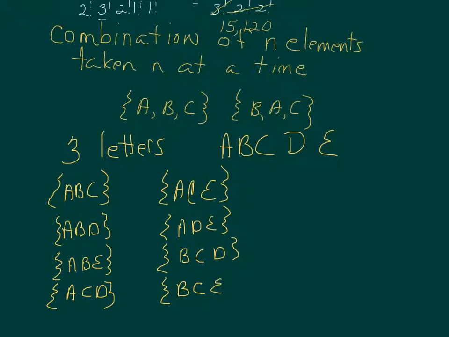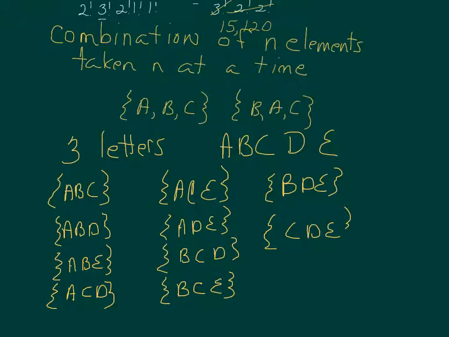You can't use A again. Anything else with B? No. BDE. Write it out, let's just do math. Okay. So we have 1, 2, 3, we have 9. Do we have any more? I got 9, including CDE.